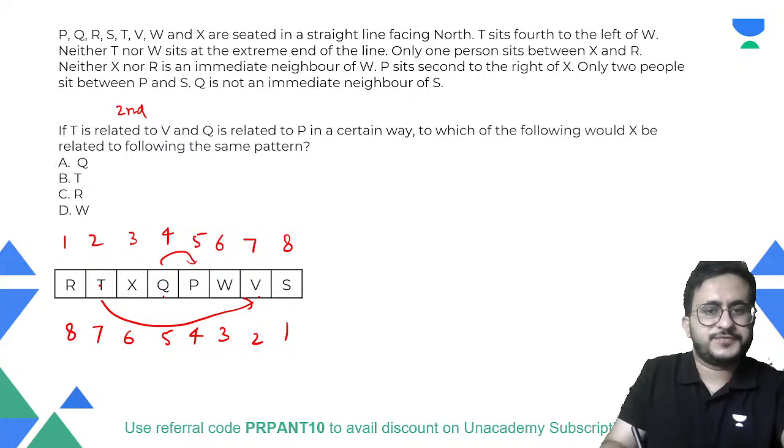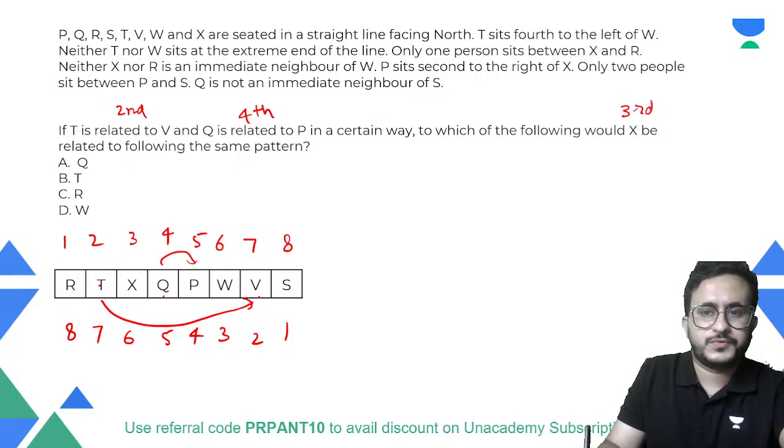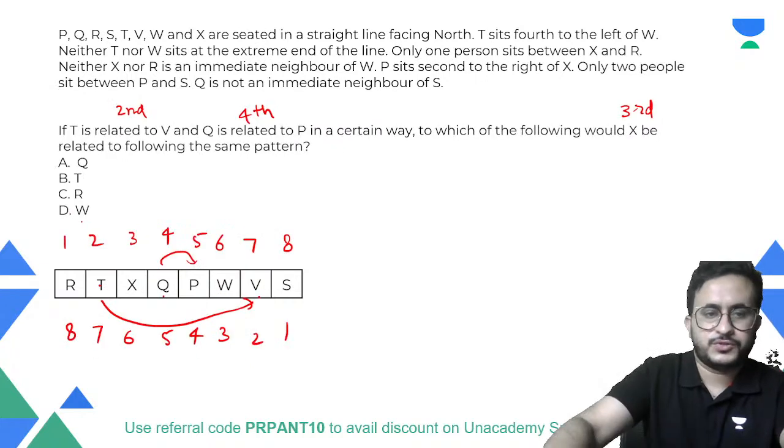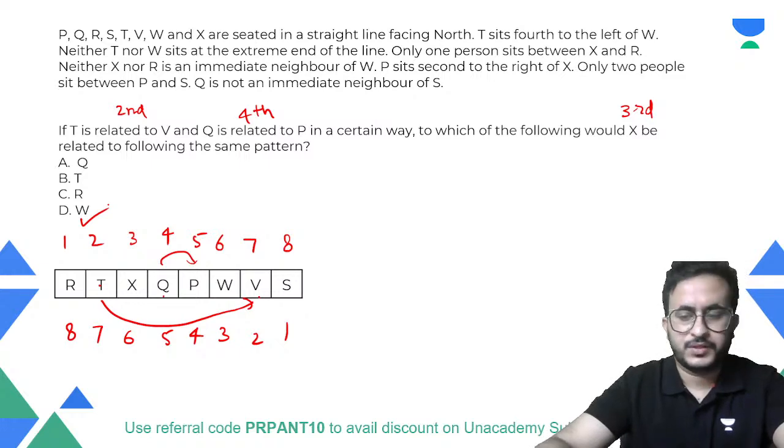This is fourth, this is fourth. So we have to find a relation where X is third from this side. So we have to mark the answer which is third from the right side. That is W. Okay, so the answer is W. Right, so that is the relation between these people.